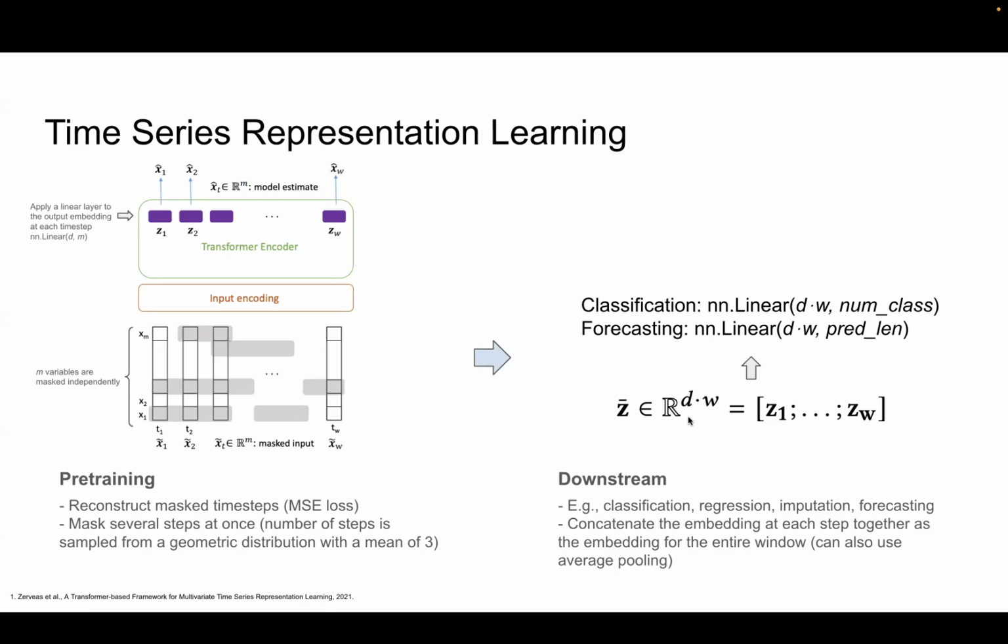So we get a vector of size D times W, where D is the hidden dimension of the transformer and W is the number of time steps. We take this long vector and feed it into an additional linear layer to do either forecasting or classification. For forecasting, the output will be the number of prediction steps. So linear D times W, comma prediction length will be the parameters for our linear layer. And for the case of classification, our output will be the number of classes that we have.